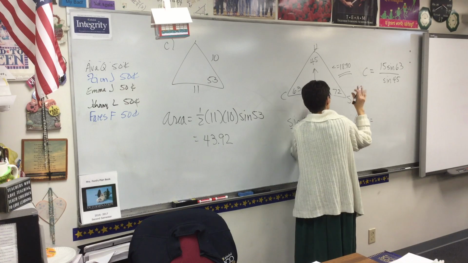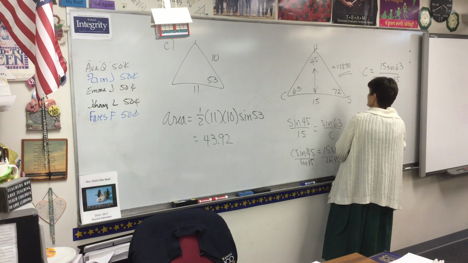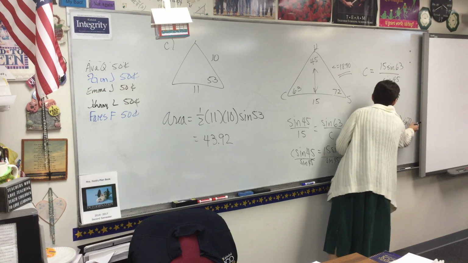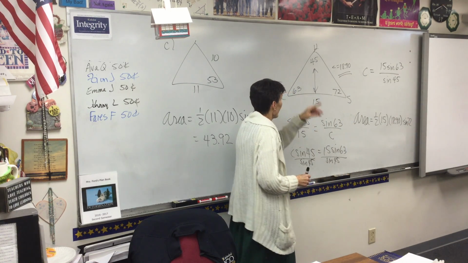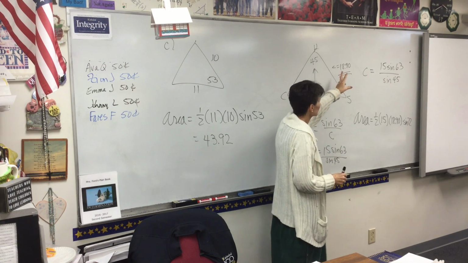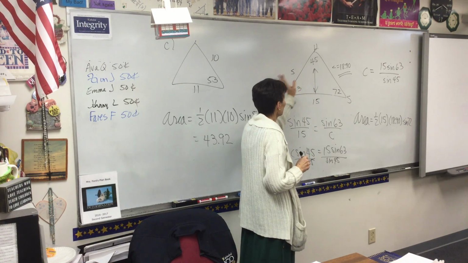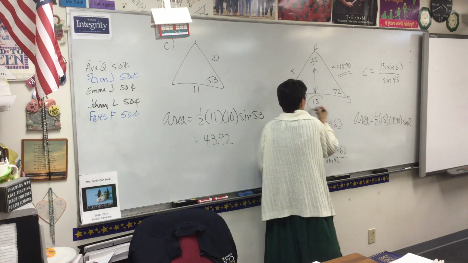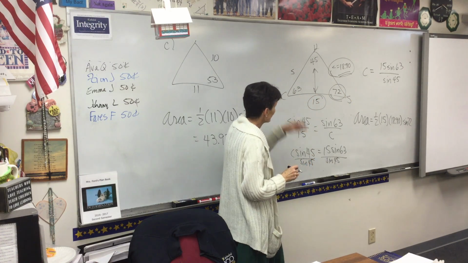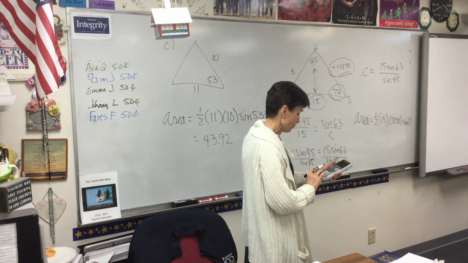So I'm going to get the actual answer by doing 1/2 times 15 times 18.90 times sine 72. When I did my law of sines, I chose to find side c. Could I have found side a? Sure. But I found side c. So now I've got these two sides, and there's the angle between them. So it's 1/2 times 15 times 18.90 times sine 72.